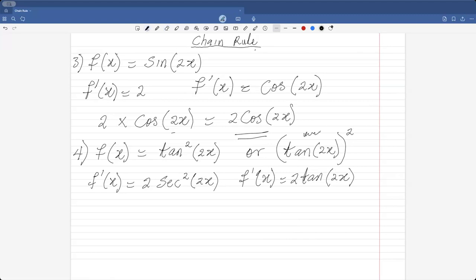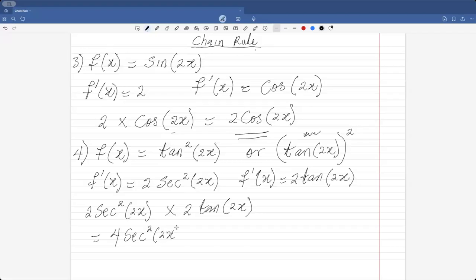So we move further by multiplying things together. So we have 2 sec squared 2x multiplied by 2 tan 2x. And the answer is 4 sec squared 2x tan 2x. And that is it for this problem.